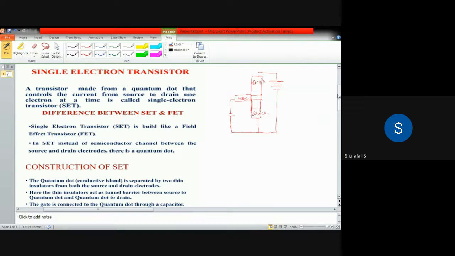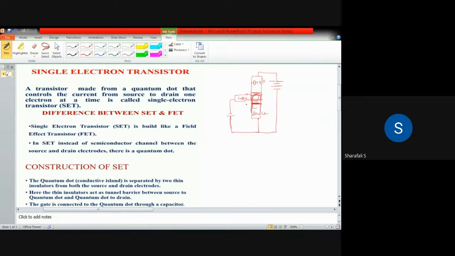But instead of that channel, we will have the quantum dot. So here we will have a quantum dot, and this drain and source part will be separated from this quantum dot with some gap.